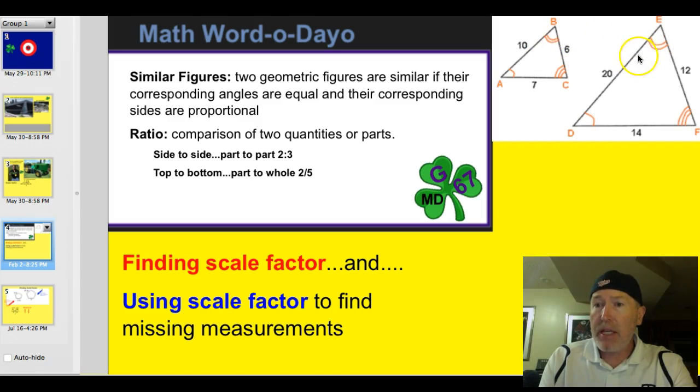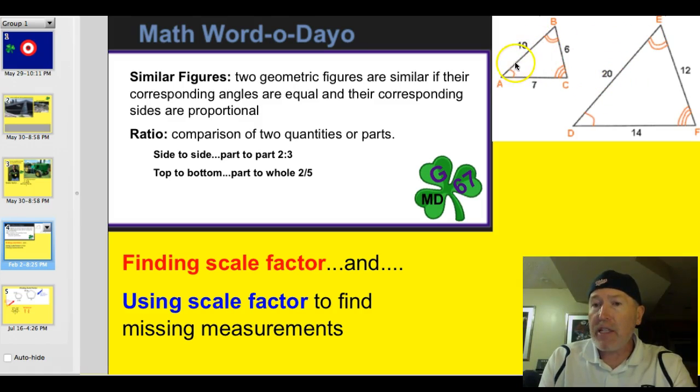This angle B is equal to its corresponding angle E. See the two little lines showing that they're the same? Look at angle A. 1 and 1 here, showing that these two are equal. 3 over here on angle F and 3 on angle C. They're similar if their corresponding angles are equal and their corresponding sides are proportional.